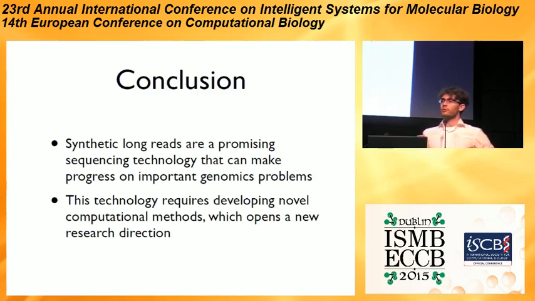But in order to make this progress, we will have to come up with new algorithms for dealing with these technologies. And I think that this can be an interesting research direction, interesting both computationally and also one that will have important practical applications.